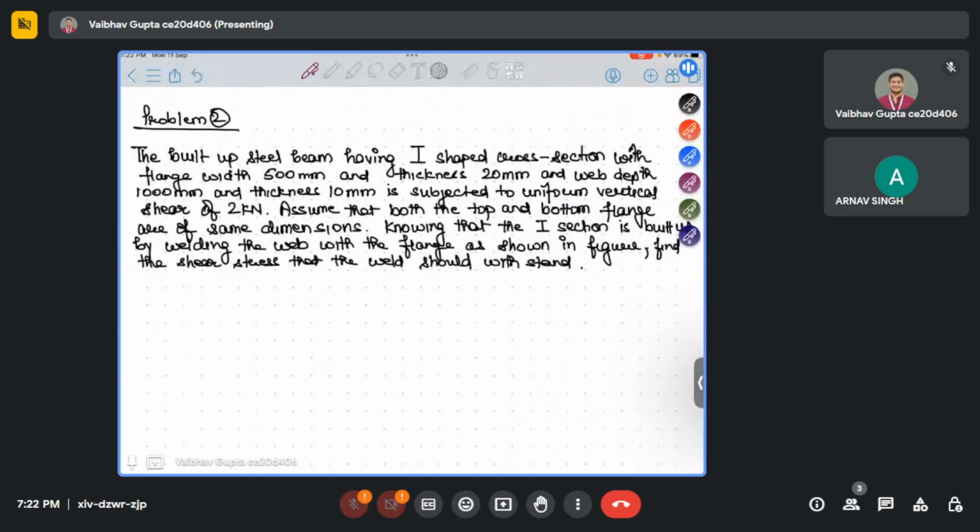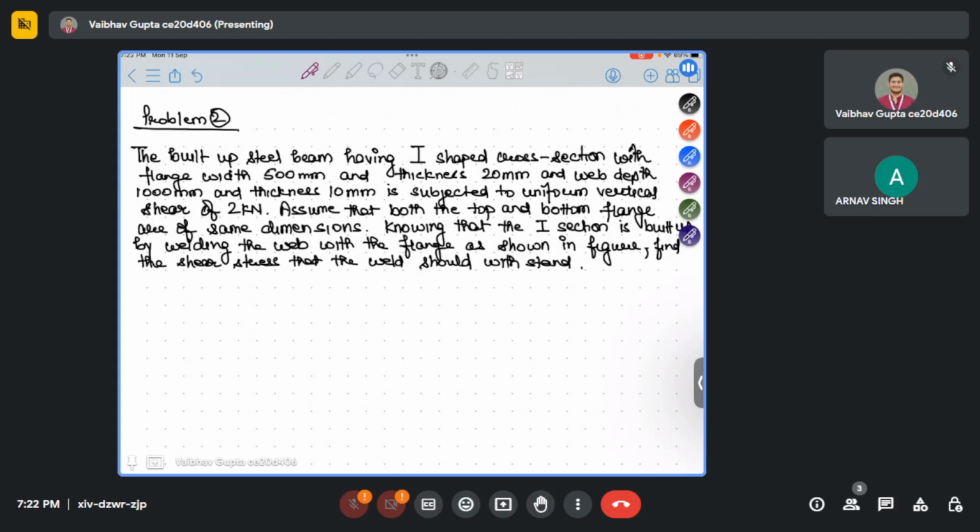The second problem says: a built-up steel beam having an I-shaped cross section. Okay, this is an I-shape. In the first problem we had a rectangular cross section. With flange width 500 mm and thickness 20 mm, and web depth 1000 mm and thickness 10 mm, it is subjected to a uniform vertical shear of 2 kN.